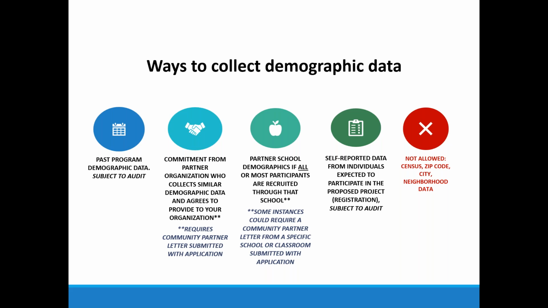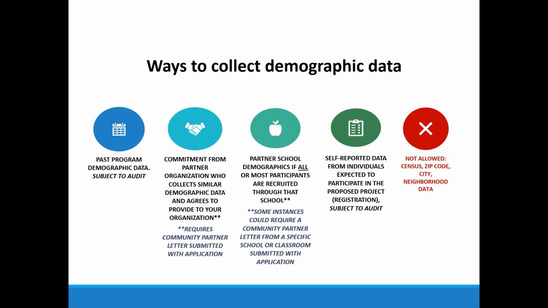So that would not be acceptable on your application and you would not receive scoring credit because there's no guarantee or justification that those 75 kids would reflect the demographics of an entire ISD.